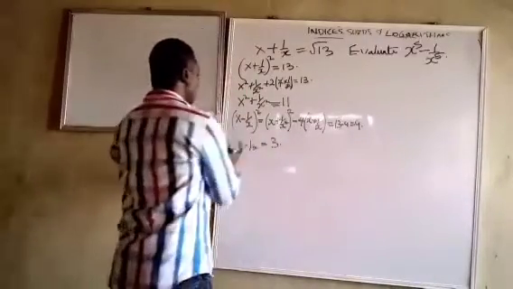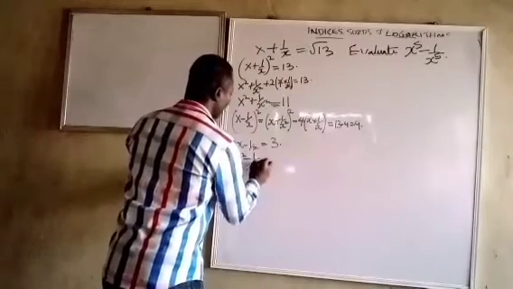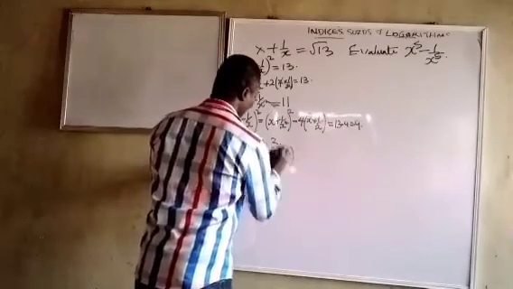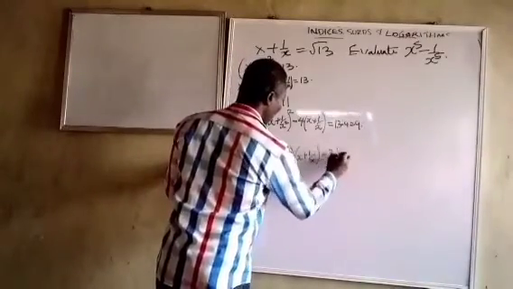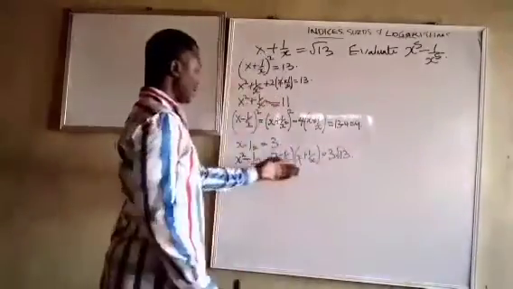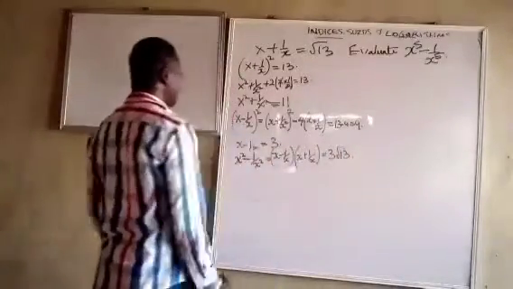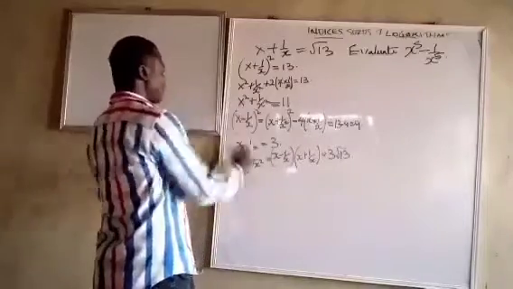We can also find our x squared minus 1 over x squared. So x squared minus 1 over x squared will be equal to (x minus 1 over x) into (x plus 1 over x), which is equal to 3 root 13. That is x squared minus 1 over x squared. In the same way, we can get our x raised to the power 4 plus 1 over x raised to the power 4, and x raised to the power 4 minus 1 over x raised to the power 4.